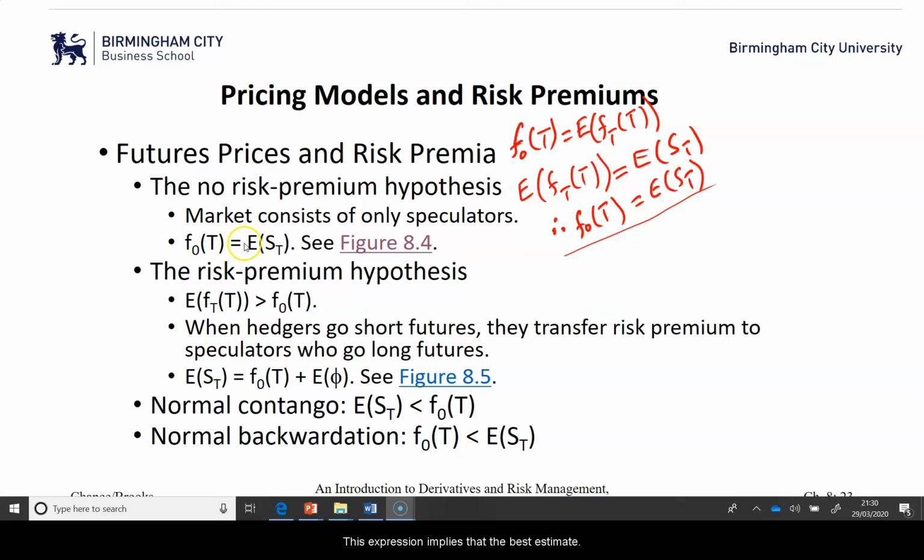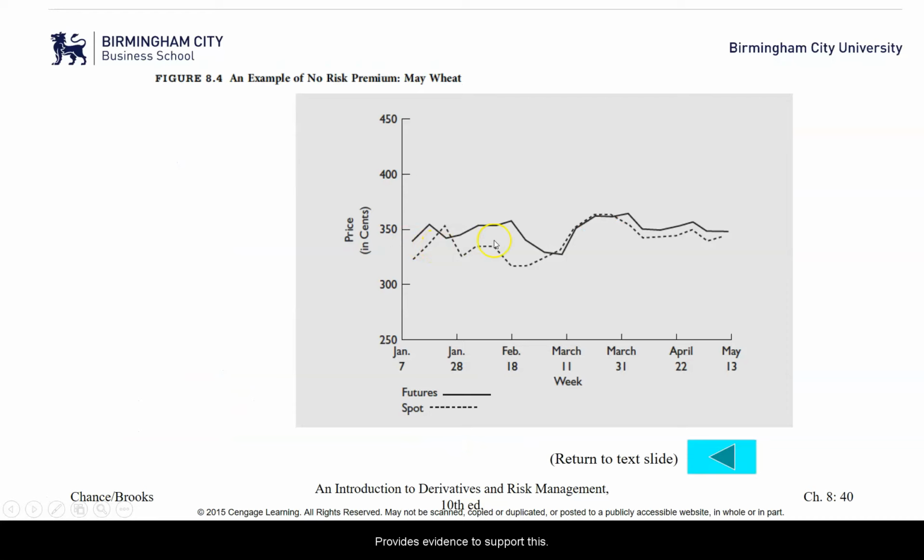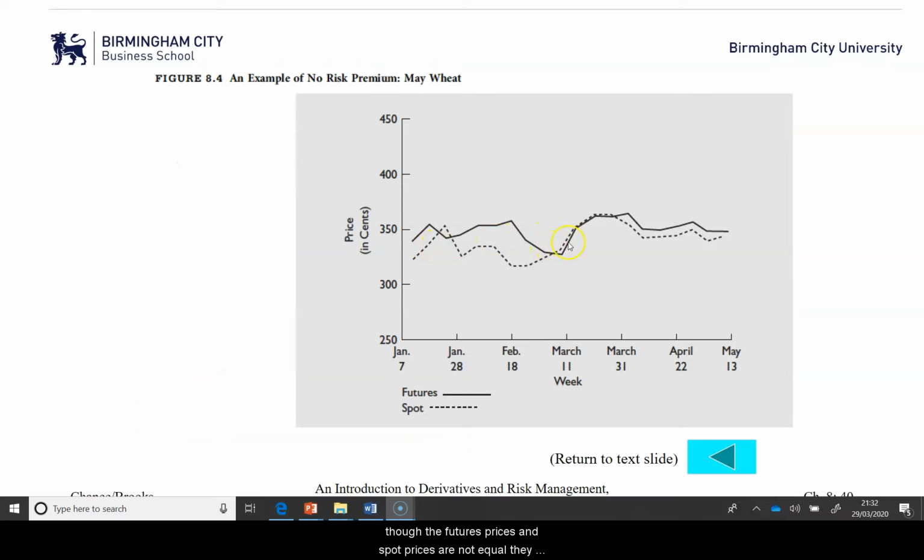This expression implies that the best estimate of expected spot price is the future price today. Figure 8.4 provides evidence to support this. Though the future prices and spot prices are not equal, they are very close here.